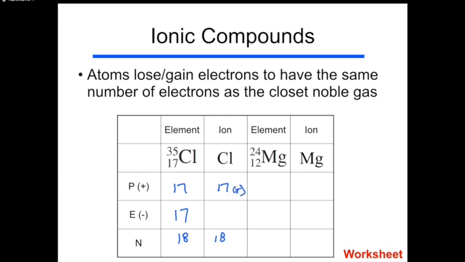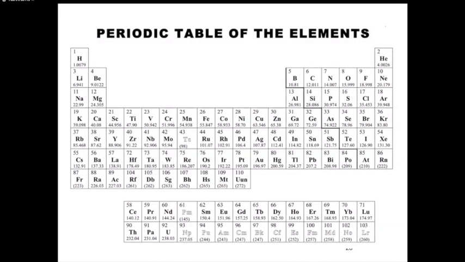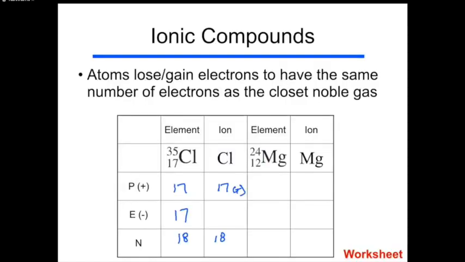And if you take a look at the periodic table again, if I take a look at chlorine, I could go to argon 18 or I could go to neon 10. Obviously, going to argon 18, I would only need to add 1 electron. And so the perfect number it goes to is 18 negatives, 17 positives. The total is a -1, or I could put a 1 minus.